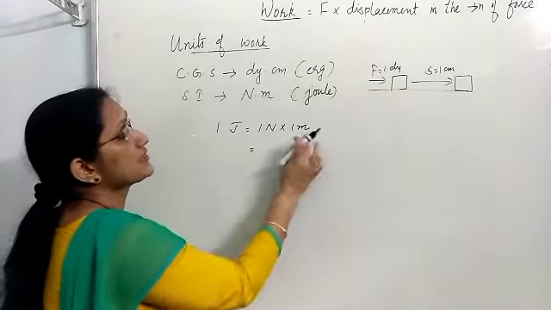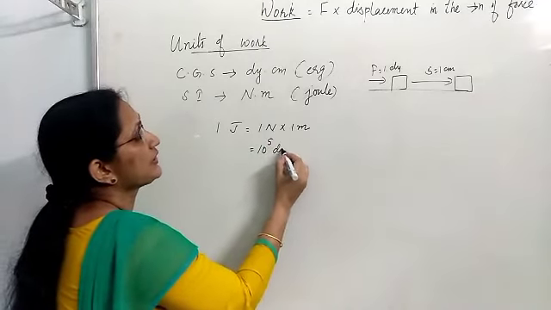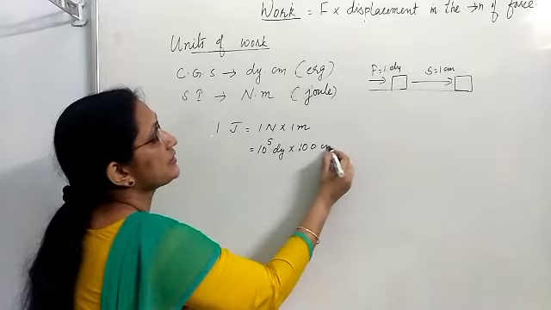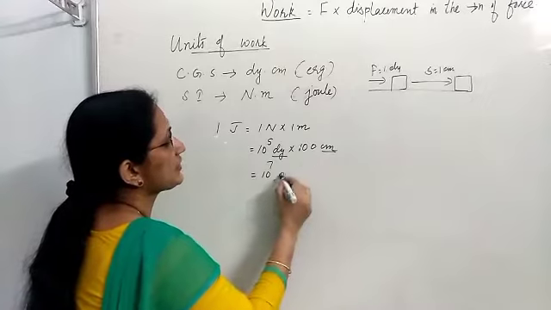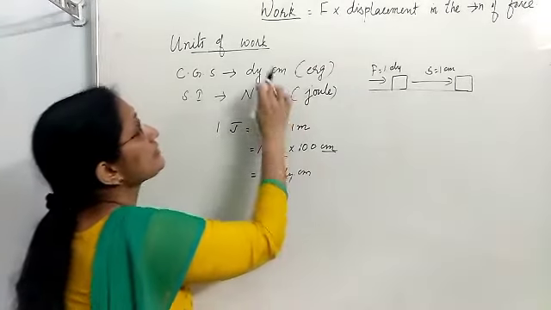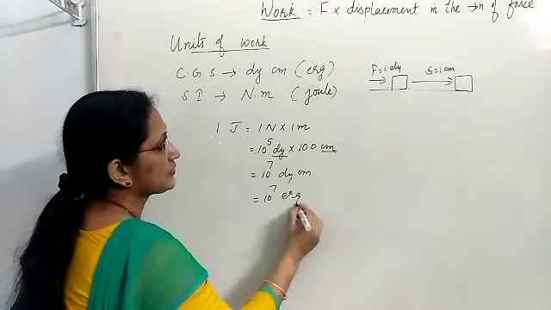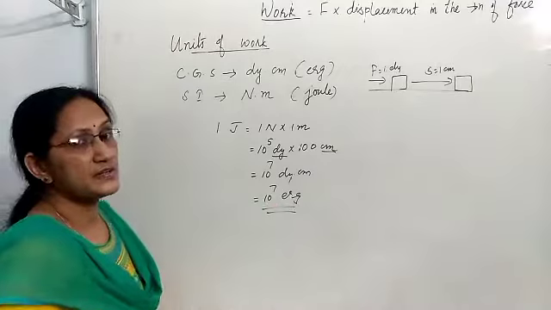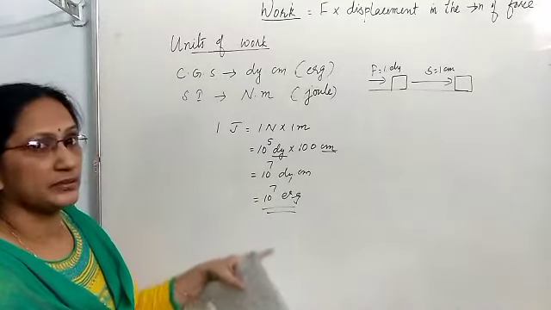Let us convert each term into the CGS system. 1 Newton is 10 to the power 5 dynes, into 1 meter which is 100 centimeter. So 10 to the power 7 dyne centimeter. Dyne centimeter, its short form is erg. So 1 Joule is equal to 10 to the power 7 erg. This is the relation between Joule and erg.